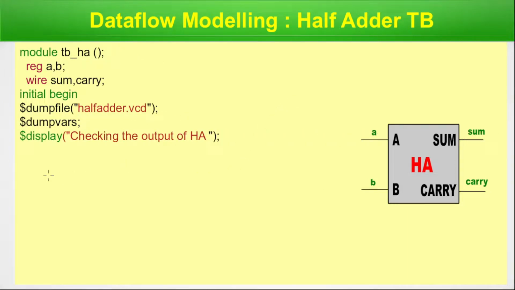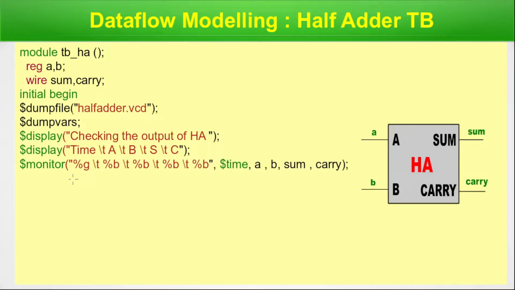Then we use a printf statement just for the heading print, checking the output of the half adder. Then we give another heading, here tab separated. The first one is time because it is the independent variable, then A, then B, then S, then C, where S is sum and C is carry. Here we give a $monitor statement, which is very different from $display. Display is a static print and occurs only one time, whereas monitor keeps on monitoring all of these variables.